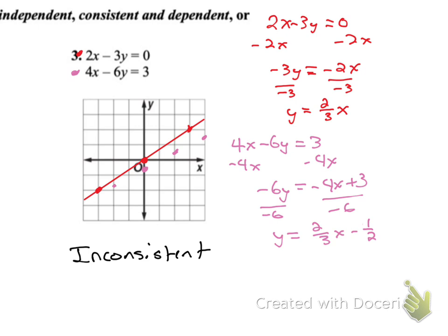Okay, it's still 2/3. That's the slope. I'm sorry, I'm losing my mind right now. Up 2, right 3. Down 2, left 3. There we go.